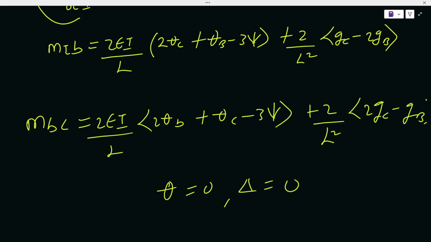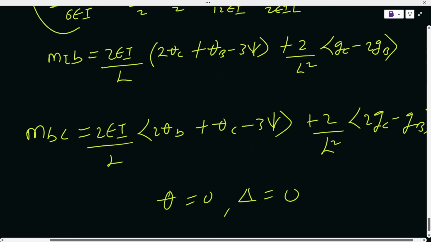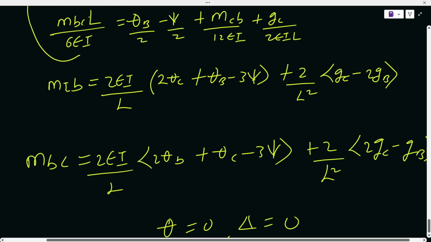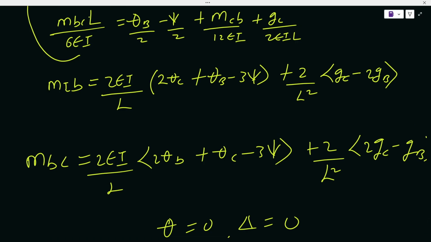So to convert MCB to a fixed end moment, that is the moment where the near end is at C and the far end is at B, I can convert this expression to a fixed end moment by setting all my slopes to 0.